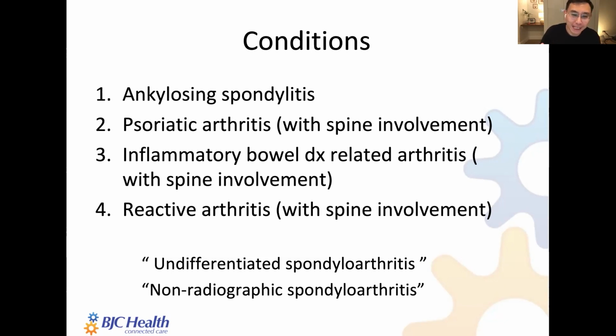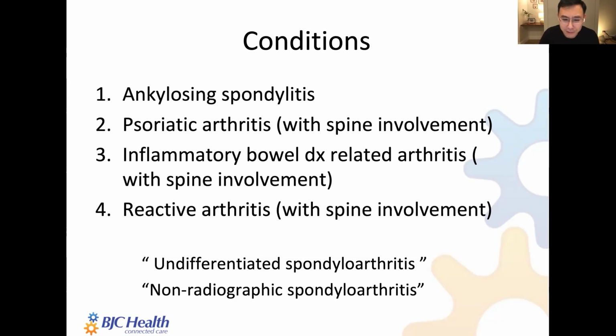Then we give them some names called undifferentiated spondyloarthritis when they get their spine inflammation, but no other features like psoriasis or bowel inflammation, and no evidence of infection. And lately, there's a new condition or entity we call non-radiographic spondyloarthritis. A mouthful to call, but I'll briefly talk about that in a minute.